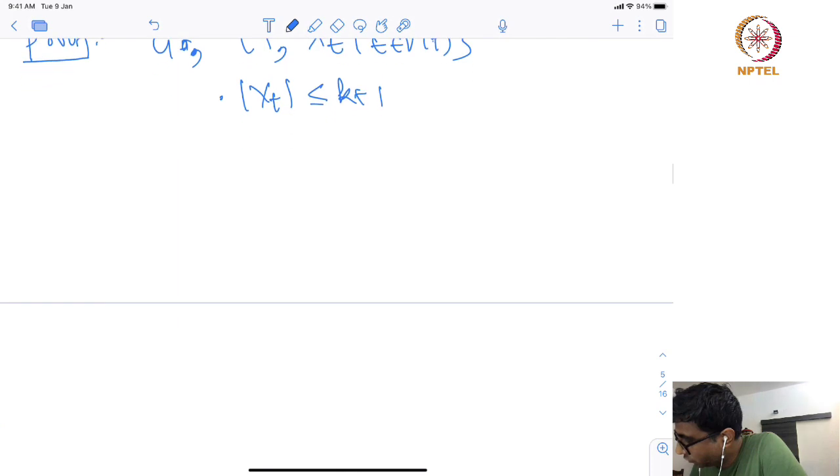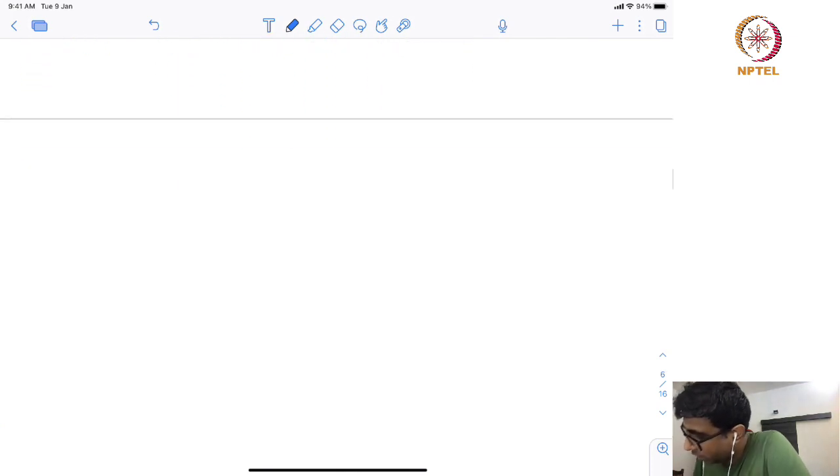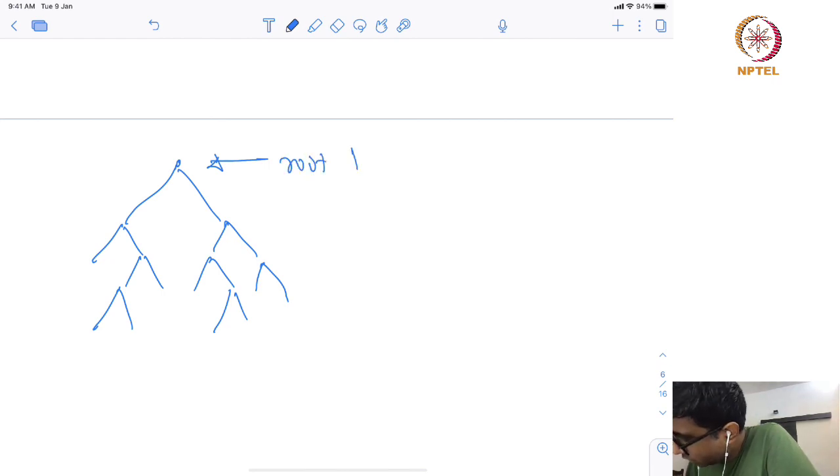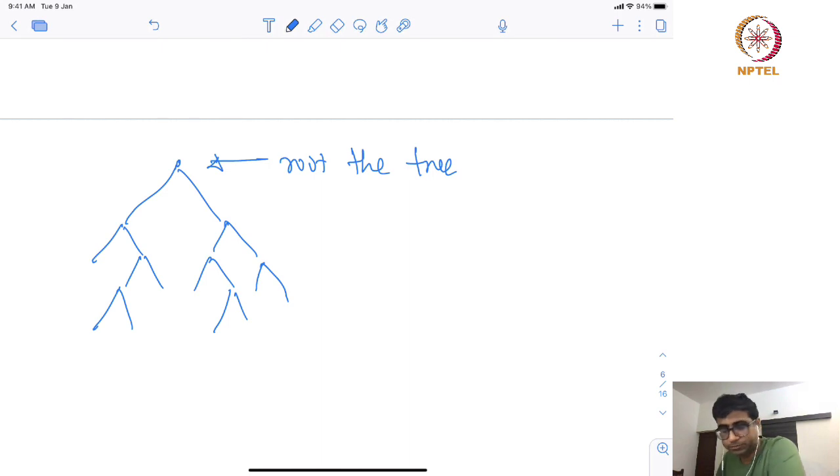Now what we are going to do is fix a tree decomposition, and you root the tree.